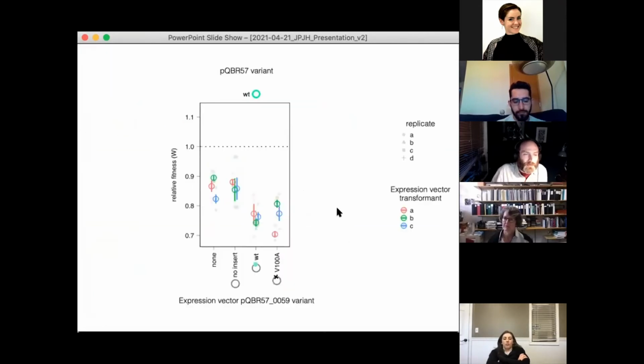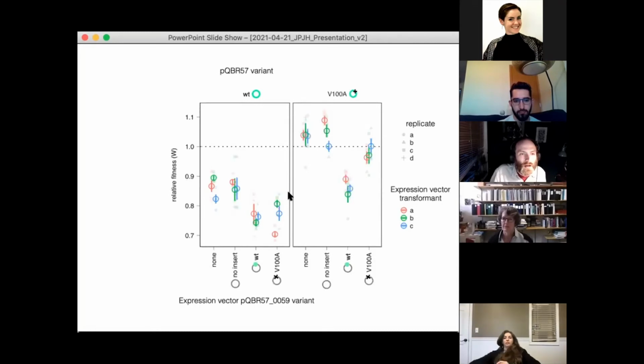Okay, so what do we see? So this is just our control. If we have the wild type megaplasmid, we get fitness costs, regardless of whether we have an expression vector with no insert, an expression vector with the wild type variant, or an expression vector with a single base pair mutation. If we have the plasmid with the mutation in it, that one, of course, doesn't have a cost by itself. If we put in the expression vector with no insert, no cost.